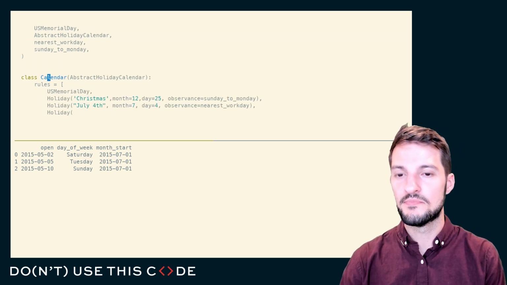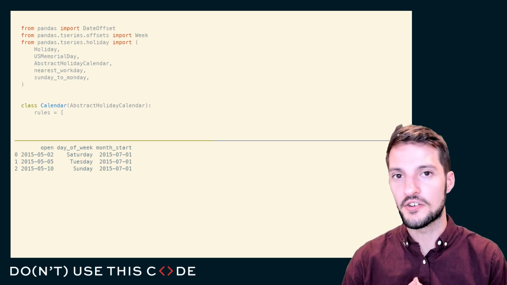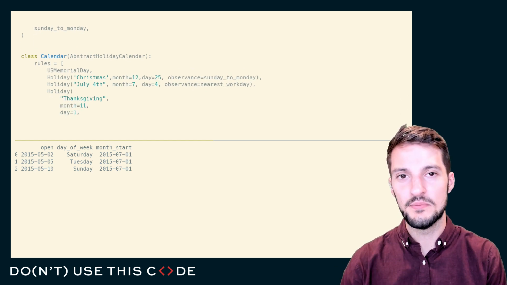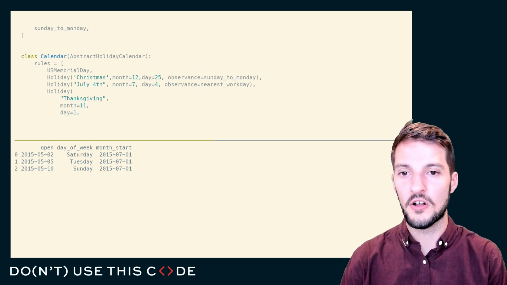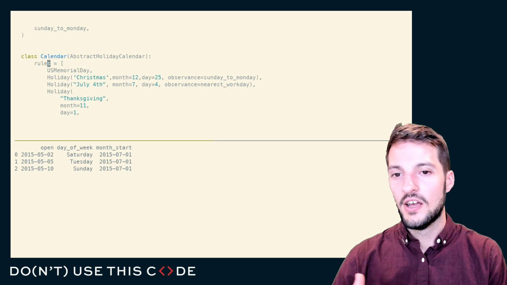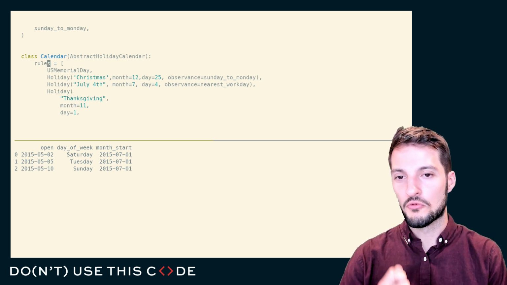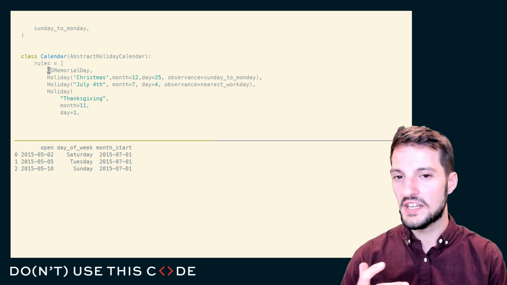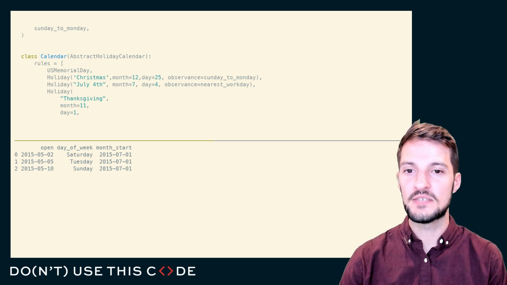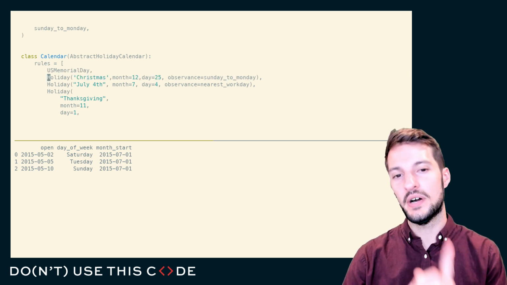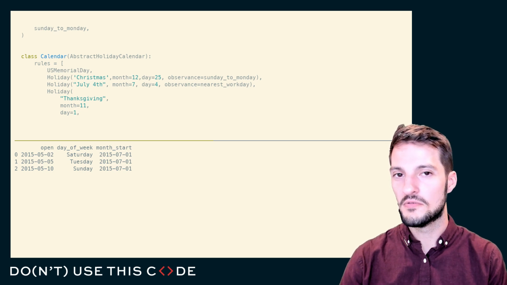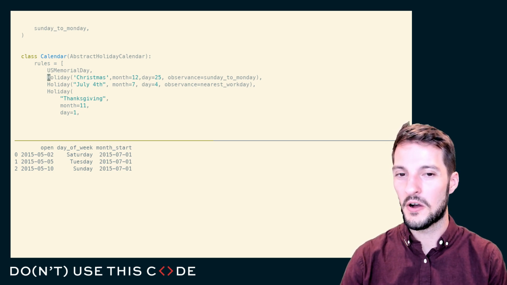Speaking of holidays, you can actually create what's called a calendar in pandas. And all a calendar is simply, it's used primarily for holidays. It's a holiday calendar. You can supply rules to locate holidays. Now, if you're familiar with US holidays, some of them occur right on specific days of the year, but we typically don't take off work on the day that the holiday happens if it happens on a weekend.